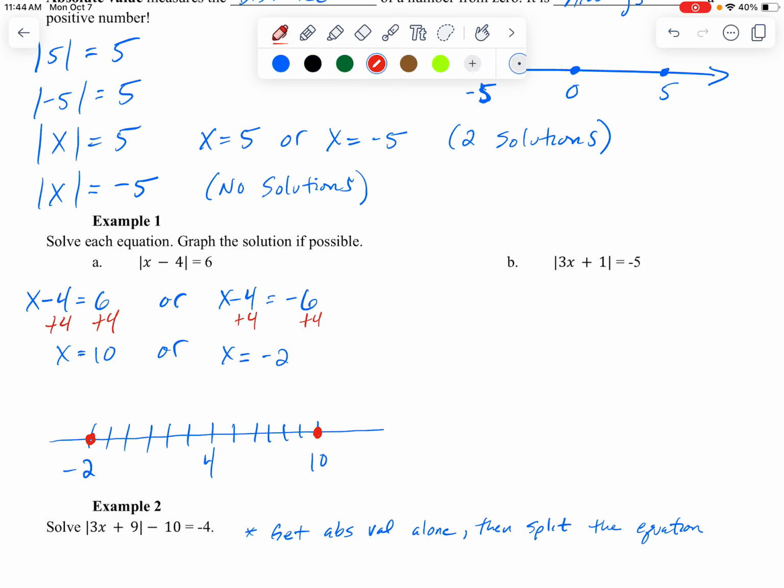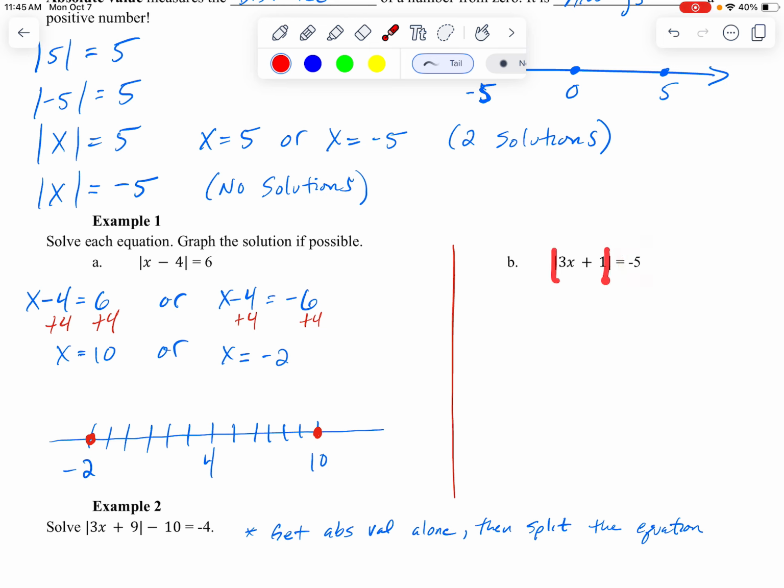Moving on to part B. Let's take a look at what we got. We've got absolute value of 3x plus 1 equals -5. And this is what I want you to notice: whenever we have this negative on the right, is this possible?